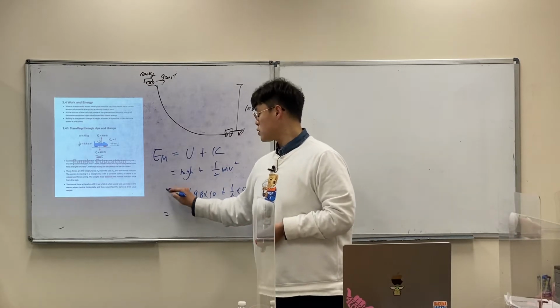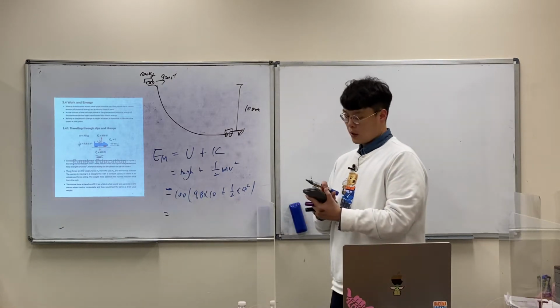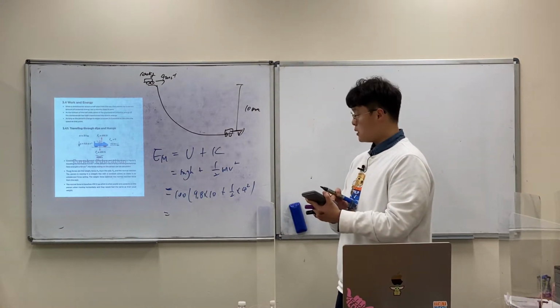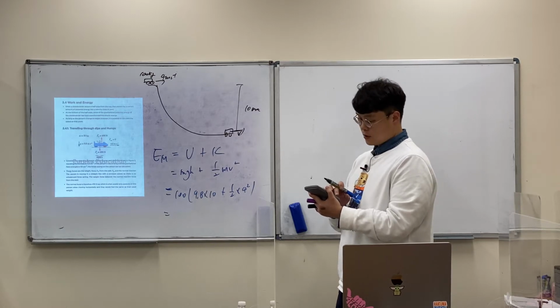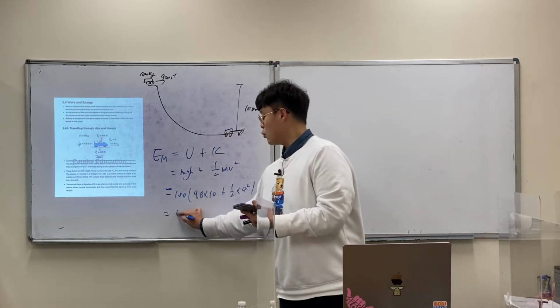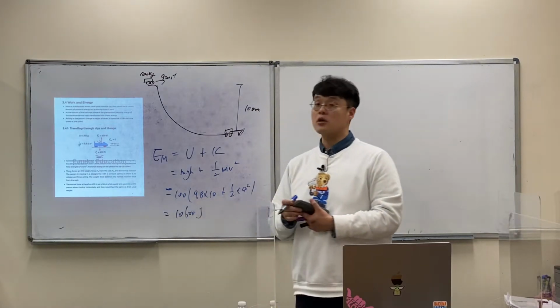This will give you the total mechanical energy: 9.8 times 10 plus 4 squared divided by 2, then times 100. The total amount of energy should be 10,600 joules at the top.